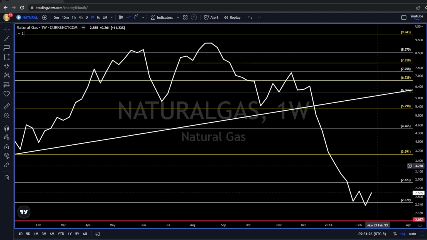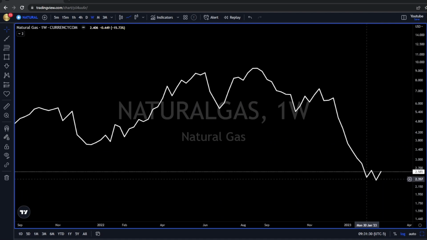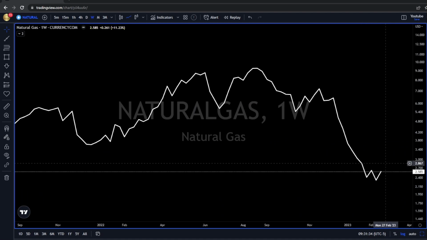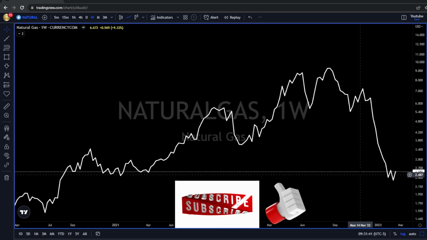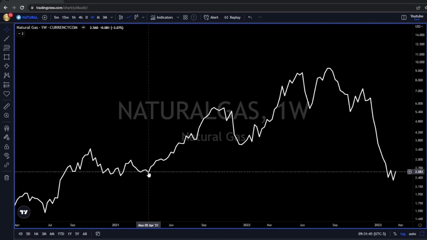Natural gas. Let's clear the chart. We have a double top, double bottom scenario, small double bottom. Now let's see if price can break up and above the 264. Look left, why is price here? Look at this area during September 2020 all the way to April 2021.